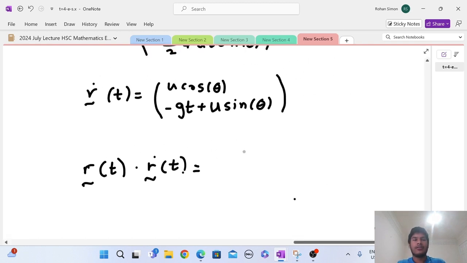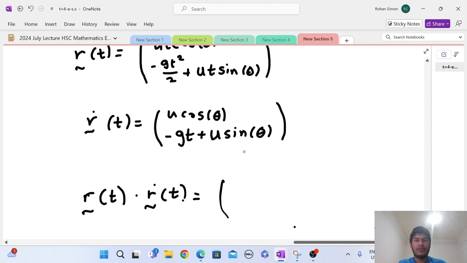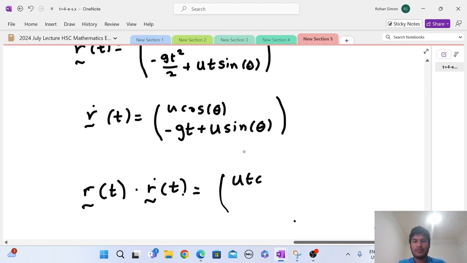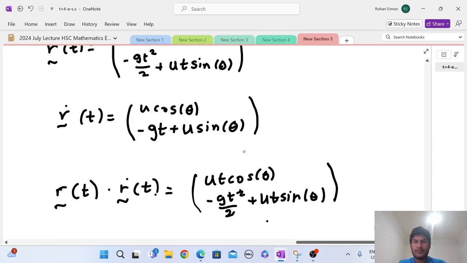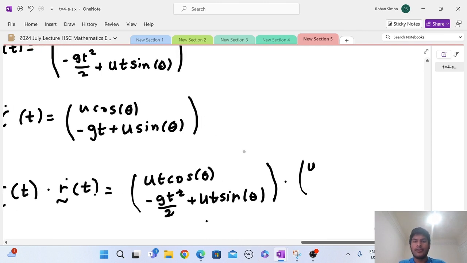So we'll sub it in, so we get ut cos theta, minus gt squared on 2 plus ut sine theta, dotted with u cos theta, minus gt plus u sine theta.